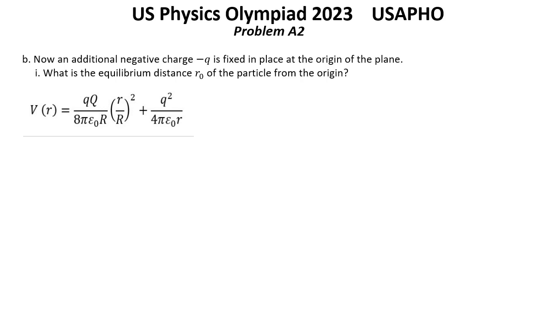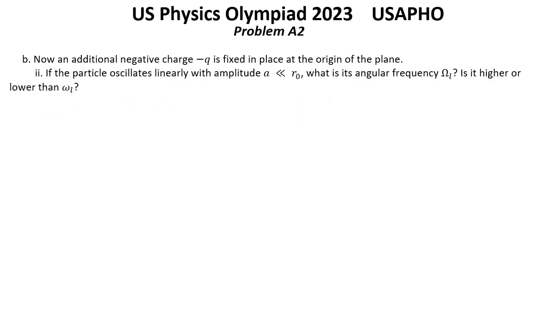Notice that the potential energy as a function of position has a ring of minima with a certain radius r0. When the particle is not in motion, its rest position is somewhere along this ring. The value of r0 can be found from dV over dr equals 0, which gives us r0 equal to big R multiplied by the cube root of small q over big Q. That was the solution for the first question of part B.